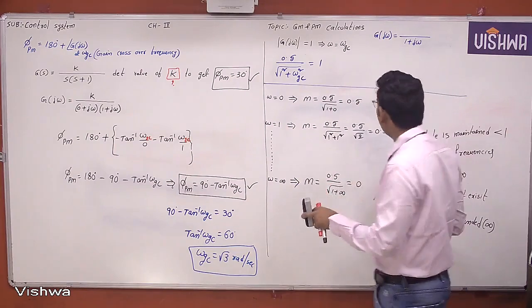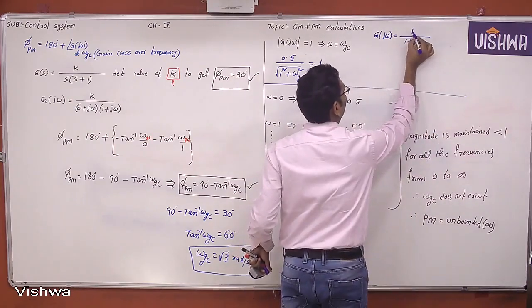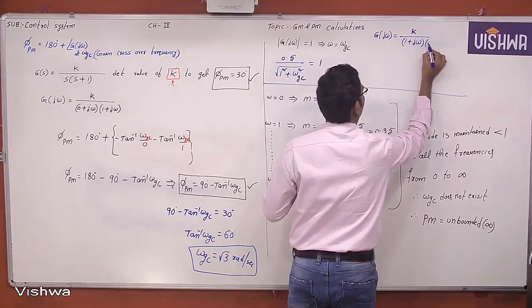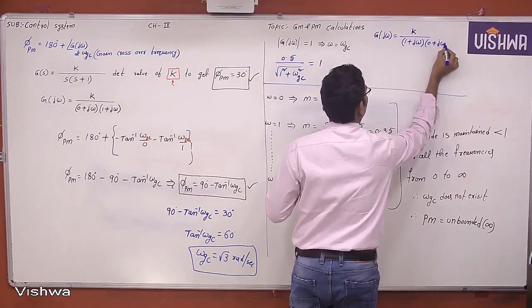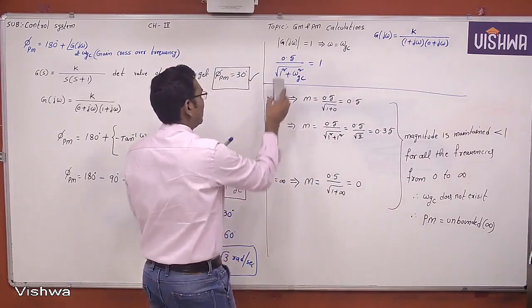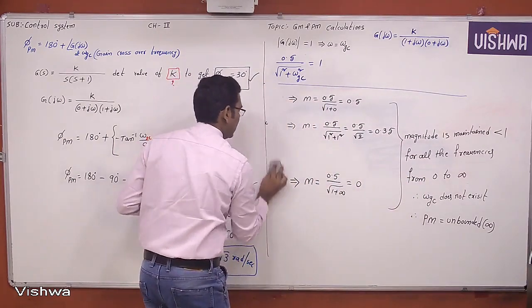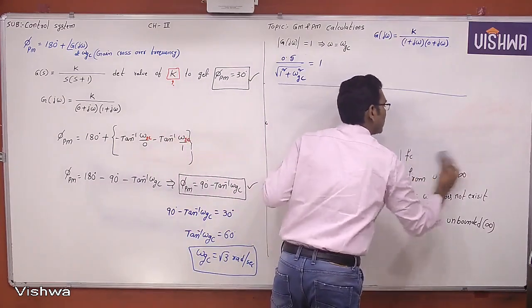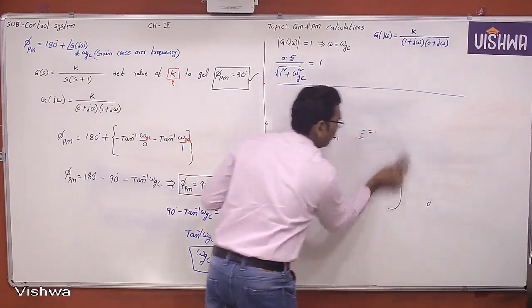G of j omega is nothing but K divided by 0 plus j omega, 1 plus j omega. This is G of j omega. But what is the gain crossover frequency? The gain crossover frequency is the frequency at which the magnitude of the open loop transfer function is equal to 1.